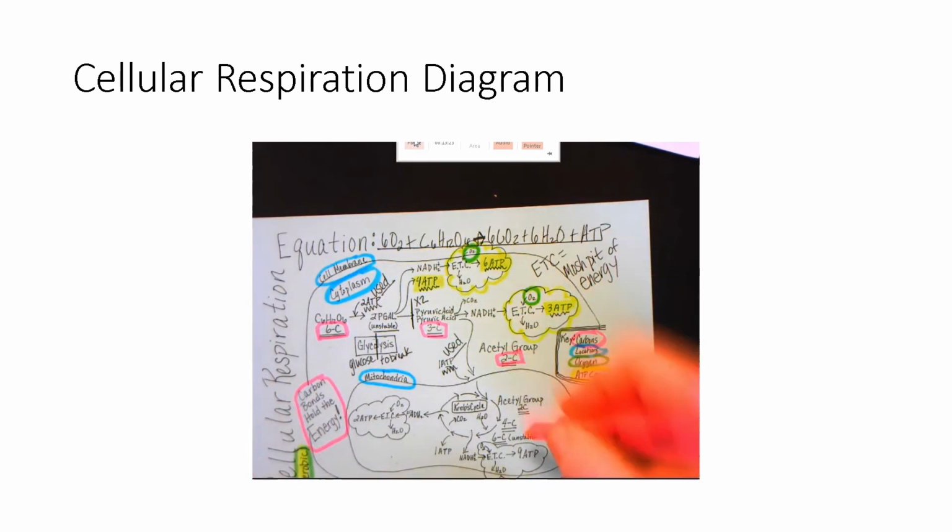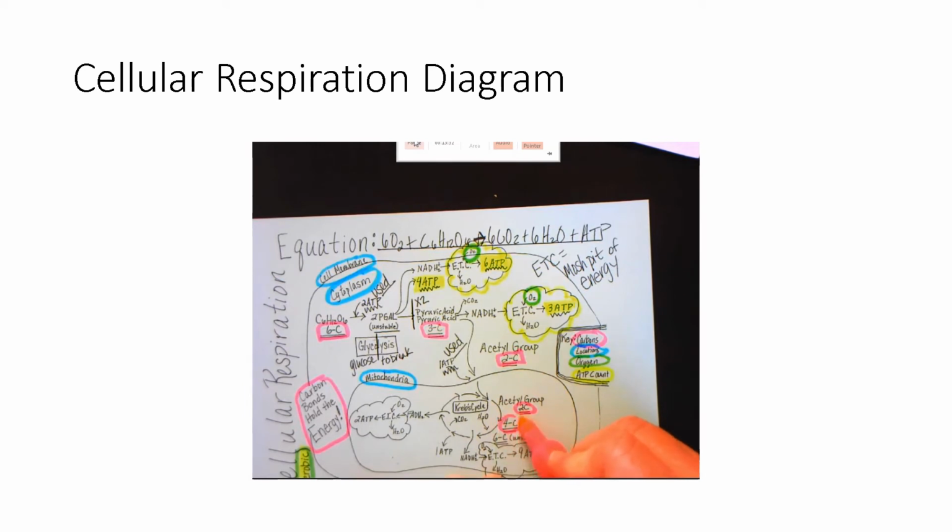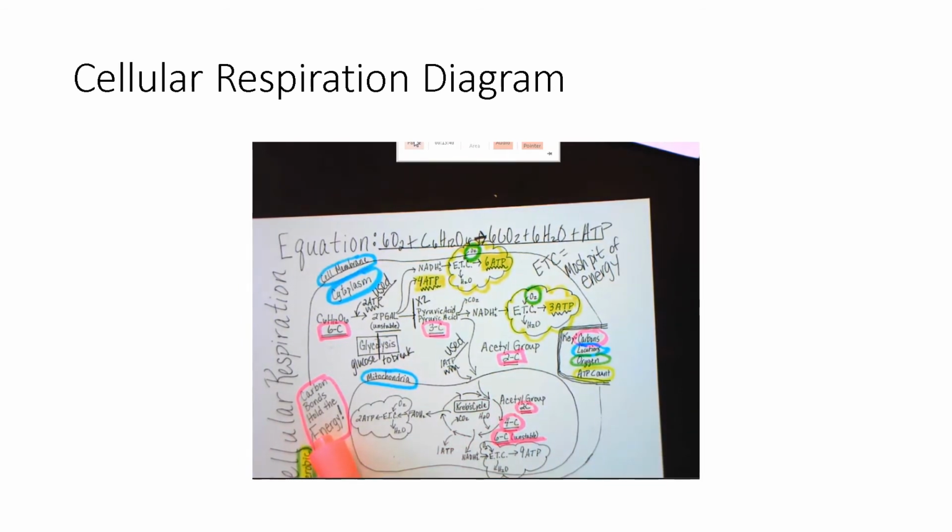So here's the acetyl group. I basically just rewrote it. And how many carbons does it have? 2. There is a series of reactions that happens here. I am not very concerned that you know what they are. Just remember, where are the bonds for energy? Inside the what kind of bonds? Carbon. So we can't get very much energy out of a 2-carbon molecule.